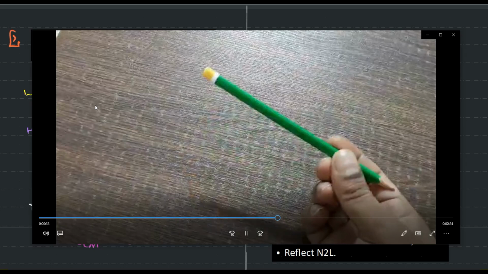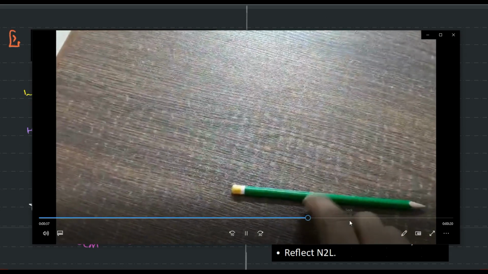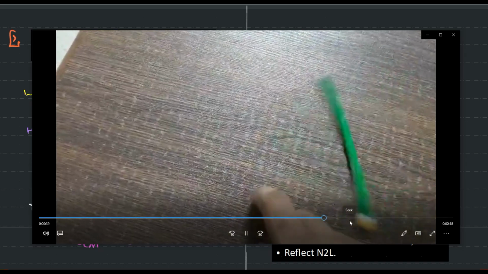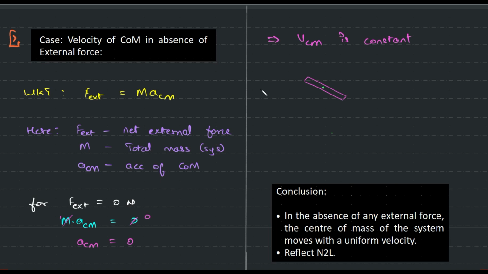Yeah, it's not exactly an ideal scenario because there is frictional force acting on it. But yeah, we'll make a separate video for that. So we need to set up a few things. But the point is, this will be moving with a constant velocity, even though things around it are rotating. If this is the center of mass, this will go in a straight line.